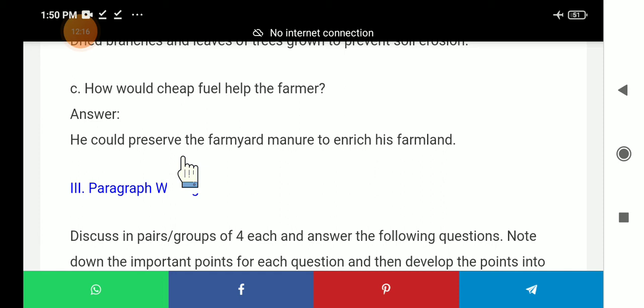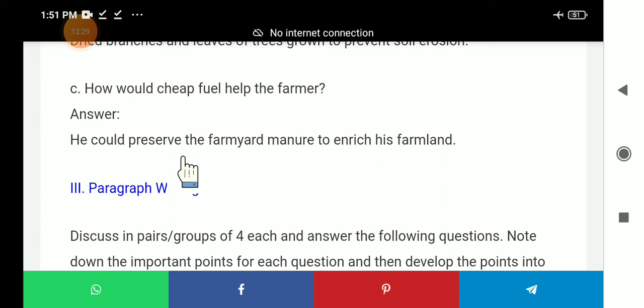In this manner, the chief fuel will help. If he burns the chief fuel, the branches and dried leaves, then the ashes of the fire will become manure for the farmyard also, and it will be very suitable for growing crops.